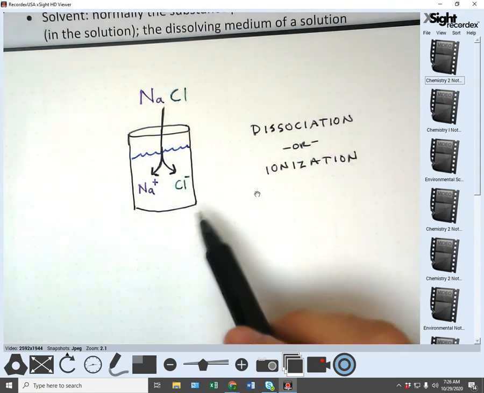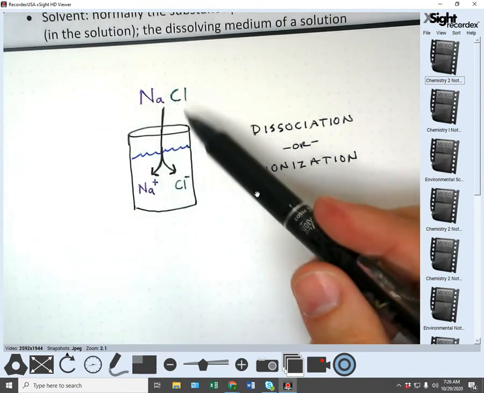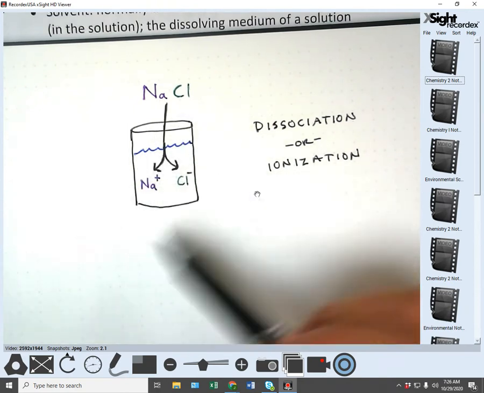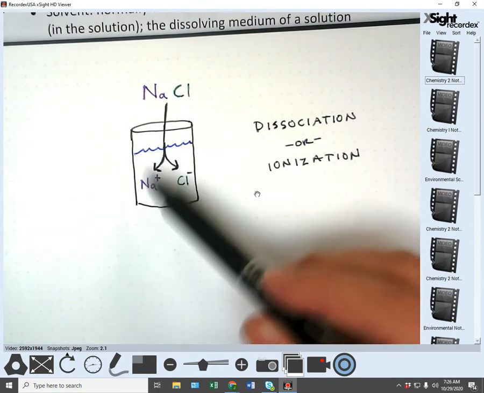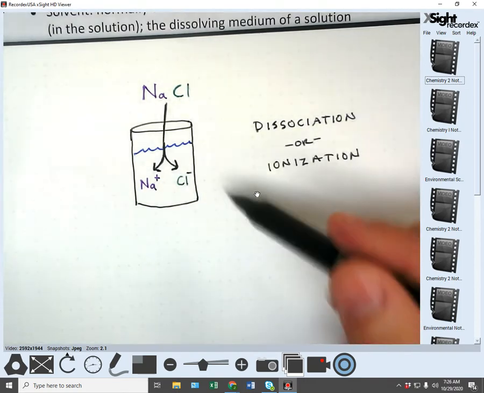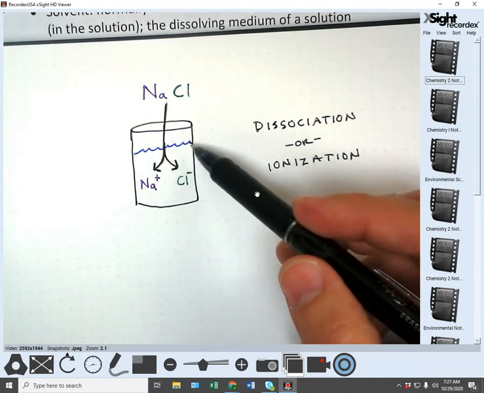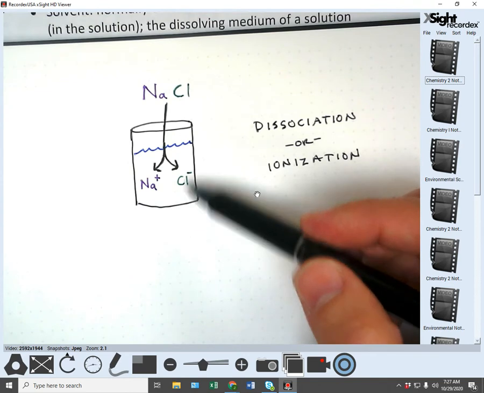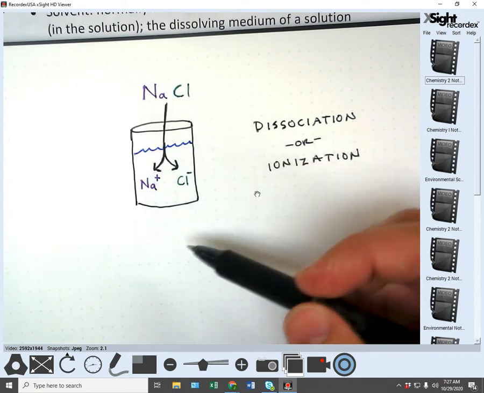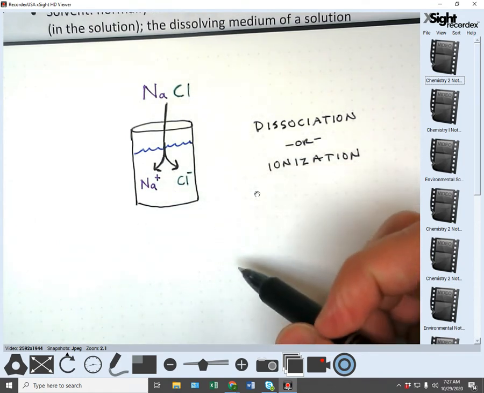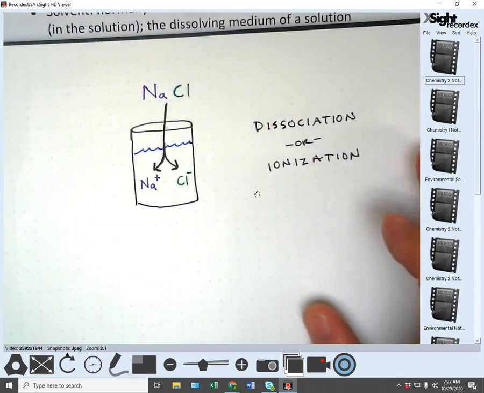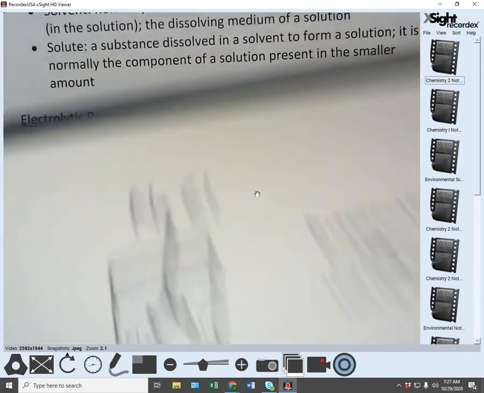That's sort of like what happens to these ions. They're like friends at a party. They come together, and when they enter the water, they mingle, they're still around each other, but they're mingling with everything else. They're kind of separated. But if they were to quote unquote leave the party, in other words, if you were to boil off the water, they would leave together. The salt would still be together if you removed it from the water. That's how dissociation or ionization works.